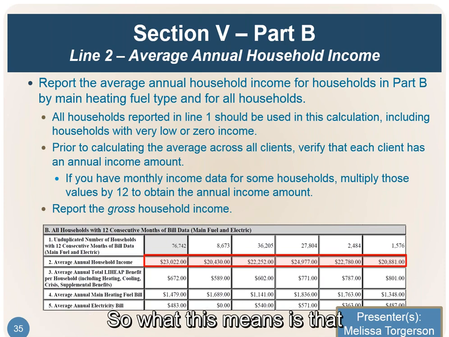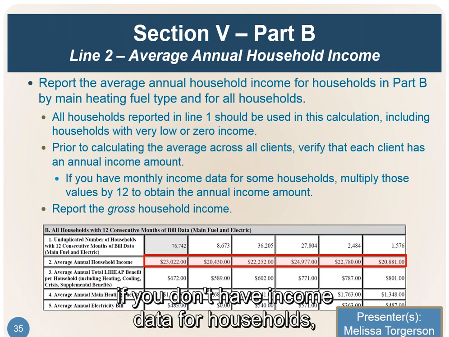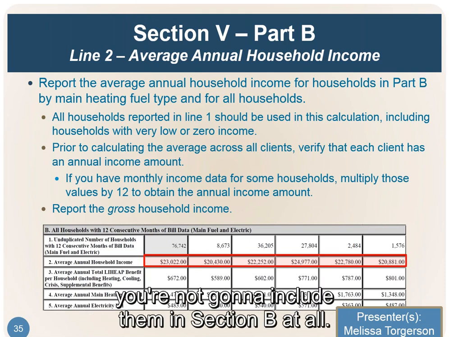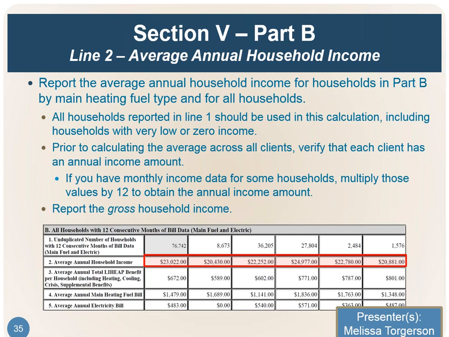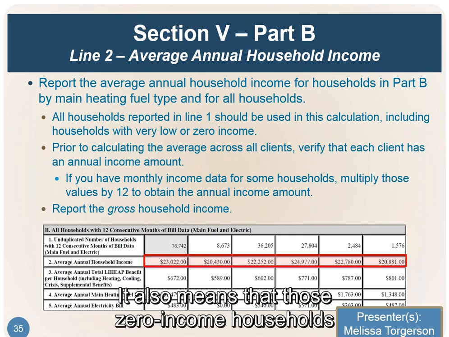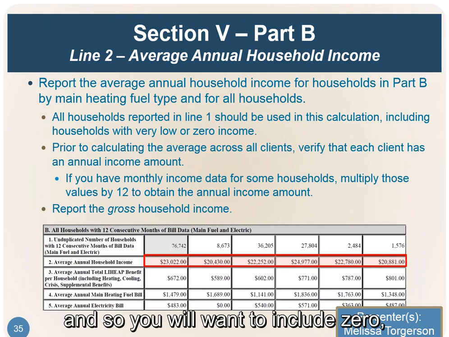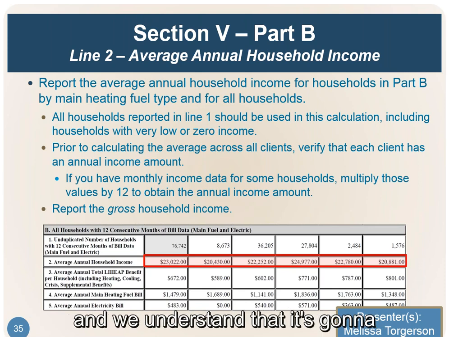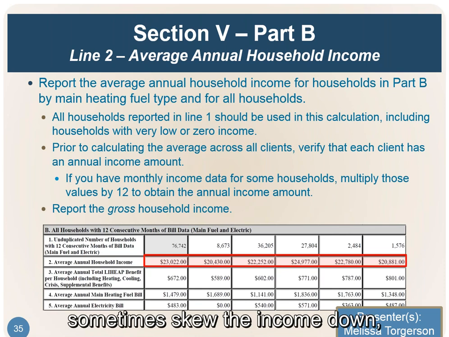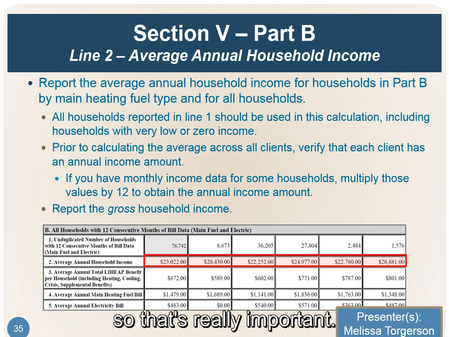So if you don't have income data for households, you're not going to include them in Section B at all. It also means that those zero-income households need to be included. You will want to include zero, and we understand that it's going to sometimes skew the income down, but they need to be included anyway, so that's really important.